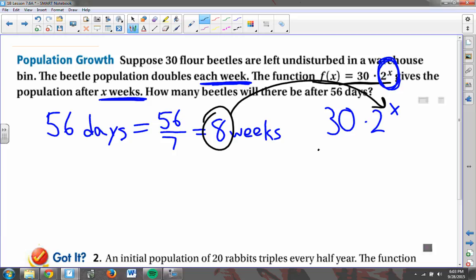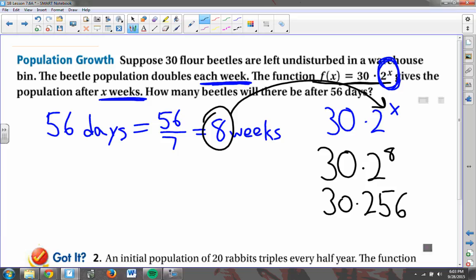So this is really 30 times 2 to the 8th power. Okay, if you did on your calculator 2 to the 8th power, it would be 256. So we really have 30 times 256. And if we do that multiplication on our calculator, our answer is 7,680 beetles.